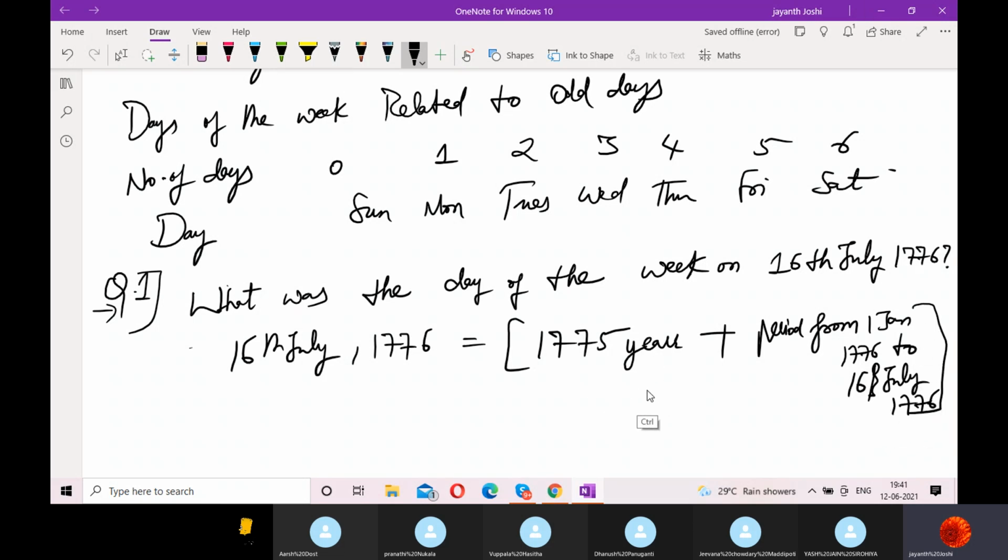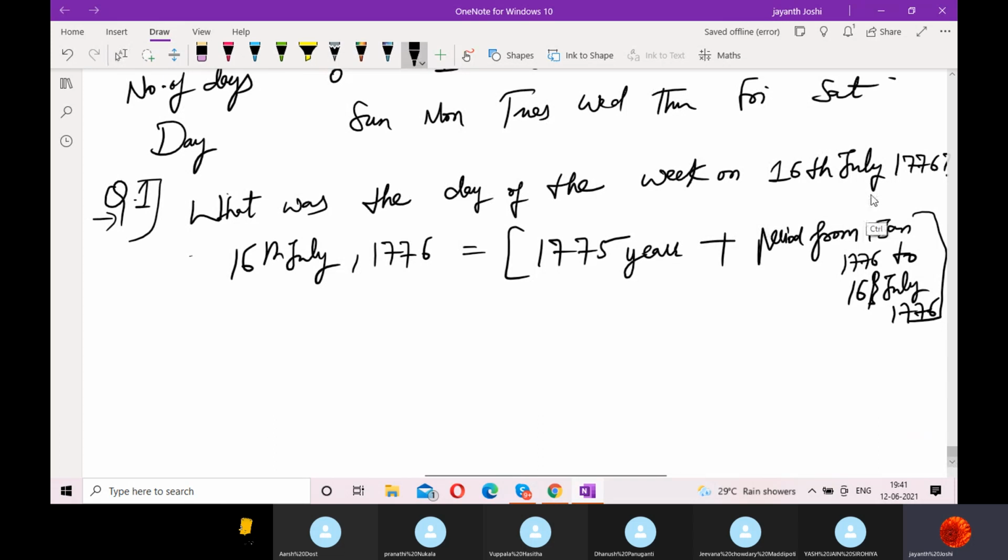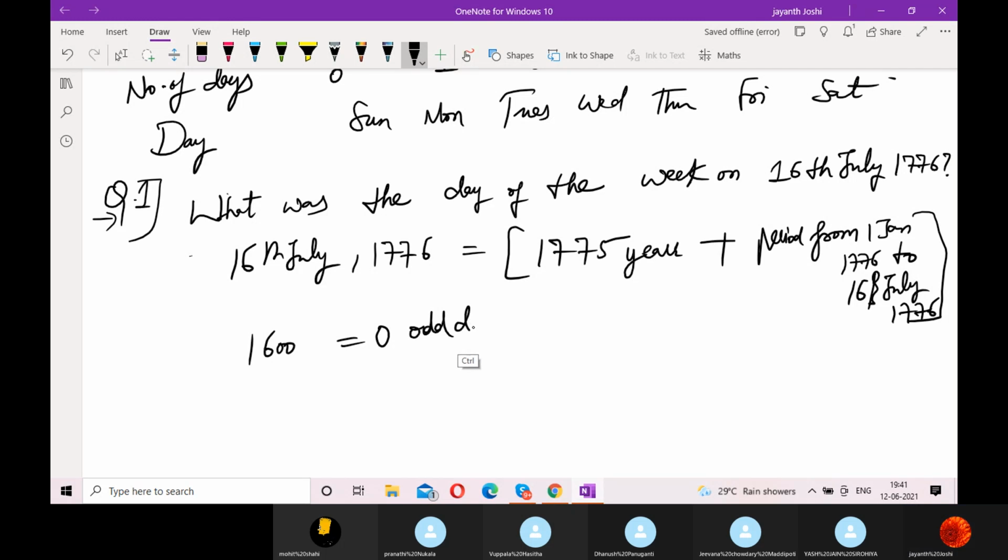From where do we have to start? We will start with the 4th century. The nearest 4th century before 1776 is 1600. That has 0 odd days. Now, after 1600, if I have to reach 1776, I have to pass one more 100 years. So 100 years has 5 odd days.